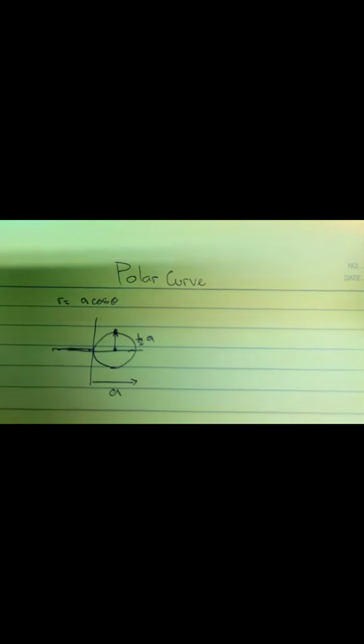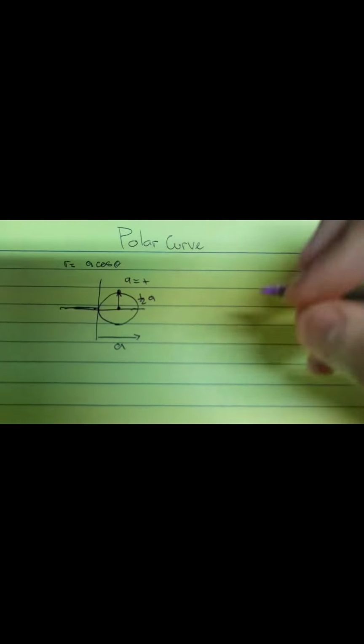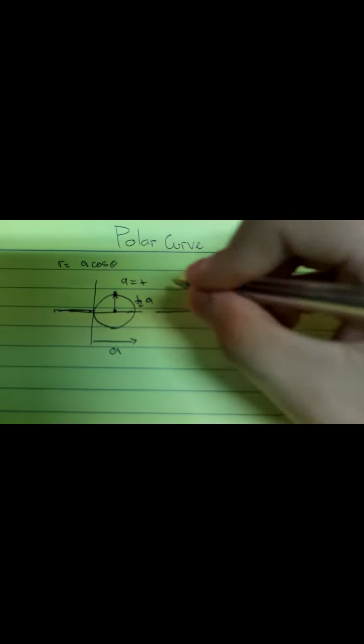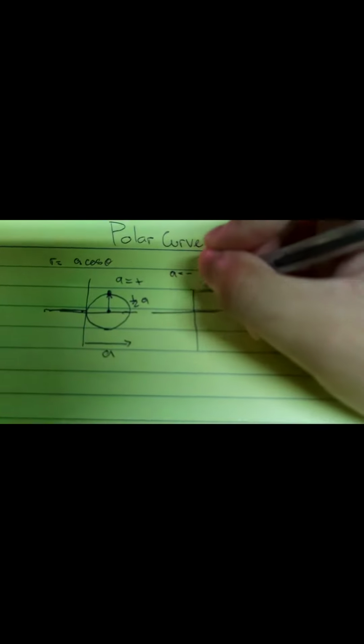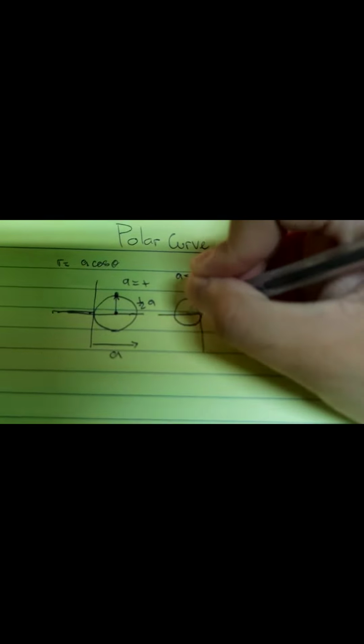If your a is positive, the circle is going to open to the right. But if your a is negative, your circle will open to the left. From the center to here is your 1/2 a, and the diameter is basically your a.